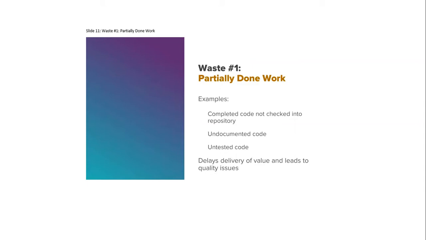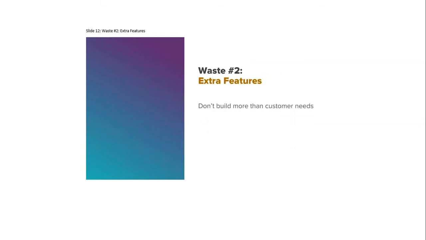This is a problem because it delays the delivery of value to the customer. In the case of undocumented code, this will likely lead to quality issues or delay in the product and resolution of issues. So this is the first waste, your partially done work.